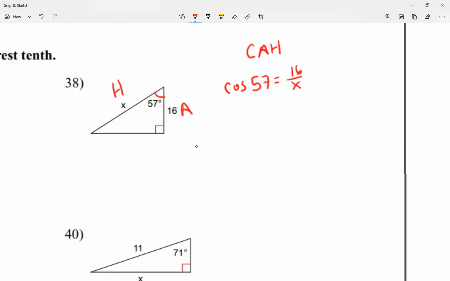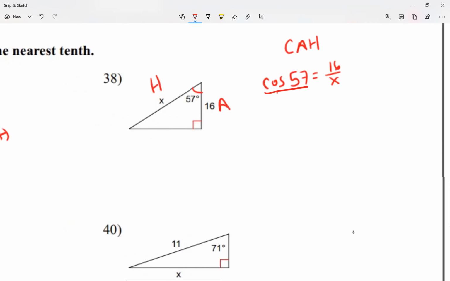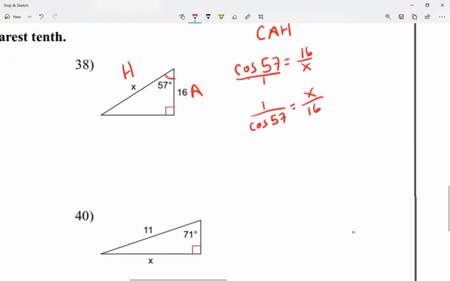If the x was on top, right, if it was x over 16, I would say multiply by 16, we're good, but it is not. The x is at the bottom, so I'm going to make this a fraction, and I have 1 over cosine of 57 is equal to x over 16.